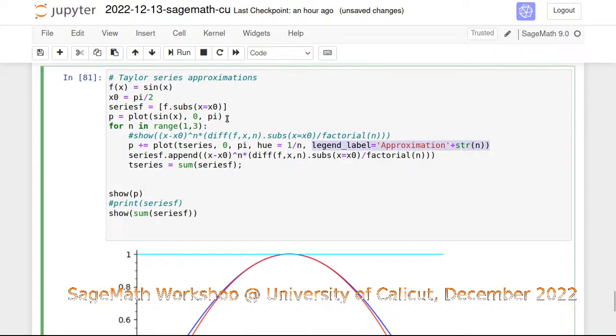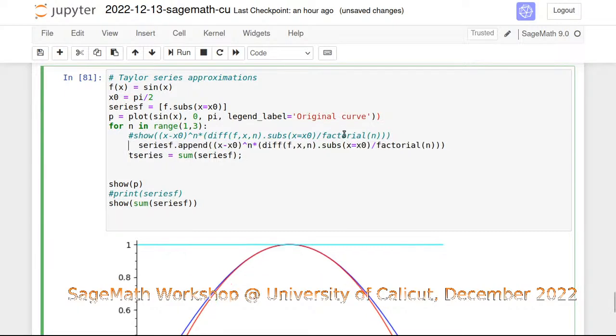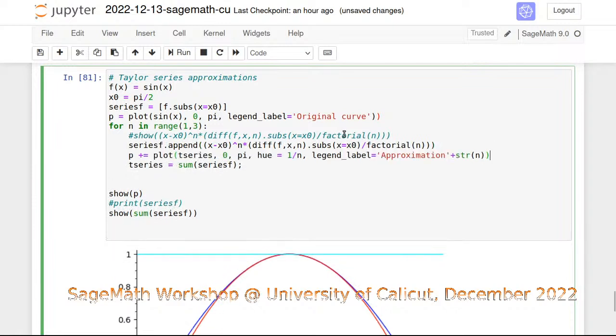Or otherwise we can put approximation 0 here. This is the original curve, right? Original curve. Let's keep it here itself.